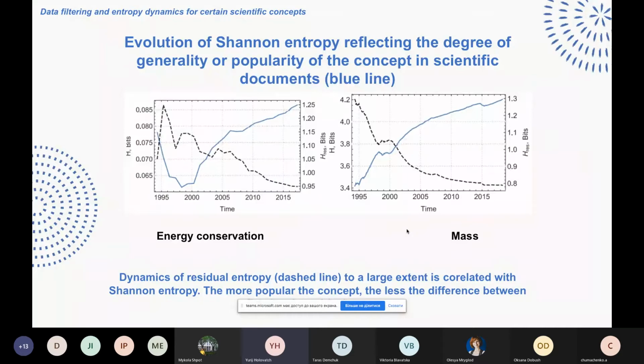Could you comment? The first plot is the time series profile of the Shannon entropy for the energy conservation concept. We can calculate the entropy for each period of time, so we have a certain distribution which changes.